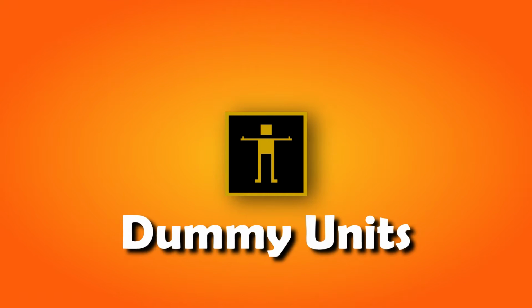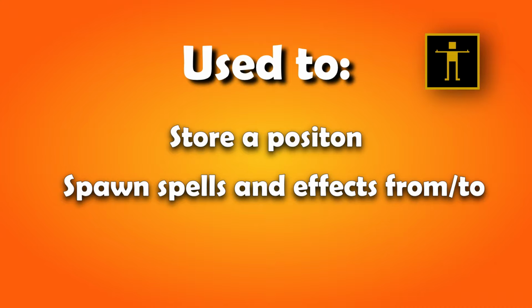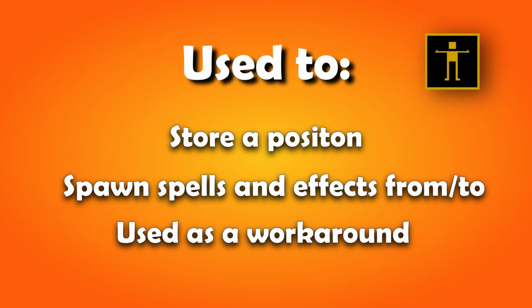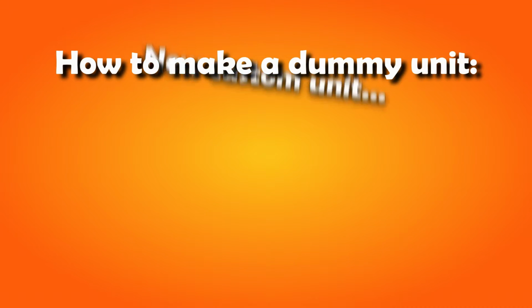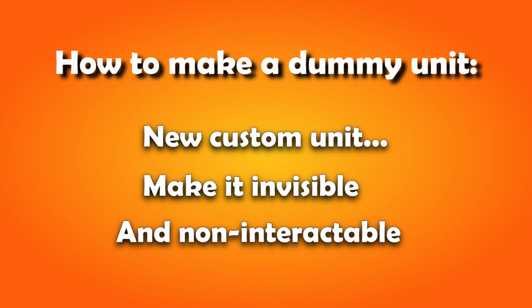Dummy units is also a useful concept to learn. They're used to give you a way to create points, which you can cast spells from and spawn effects on or to. There's not a built-in way to do this, so we use dummy units as a workaround. Essentially what you do is that you copy a unit, make it invisible and impossible to interact with.